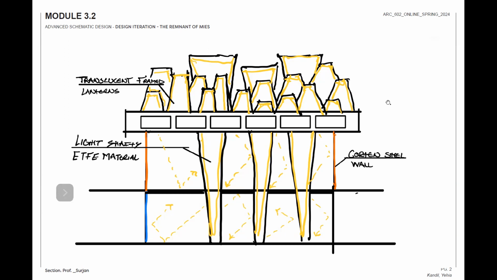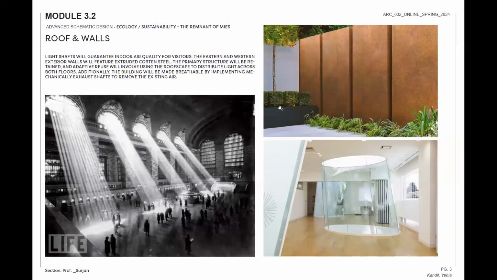That's the main concept: to create light shafts that penetrate from the sky to the lower level of the museum, and upper lanterns that add natural light inside the place. The main thing is to create an experience of holistic light exposure inside the space.